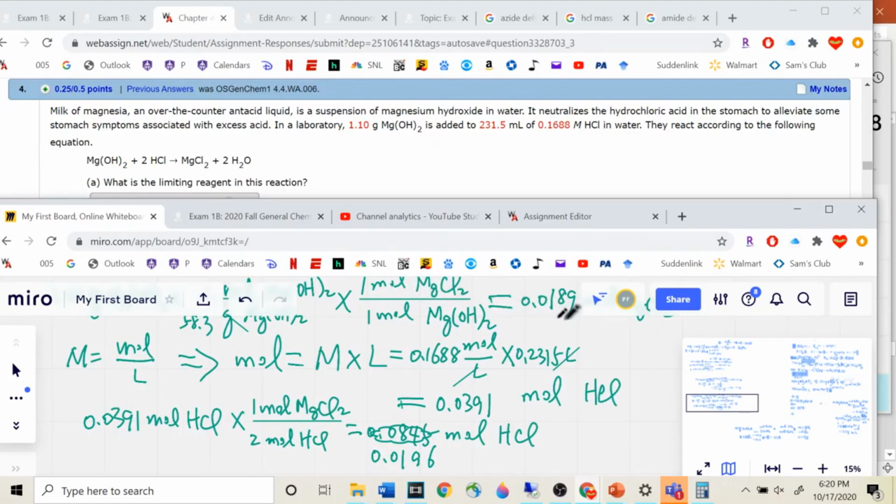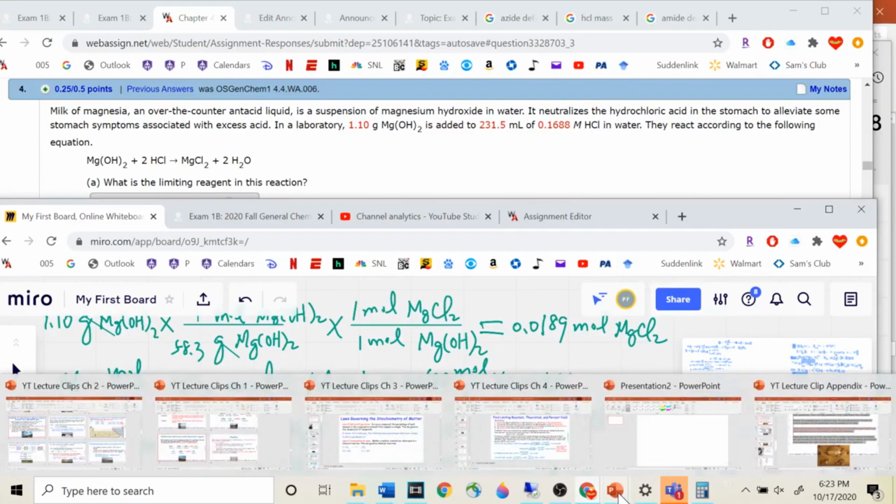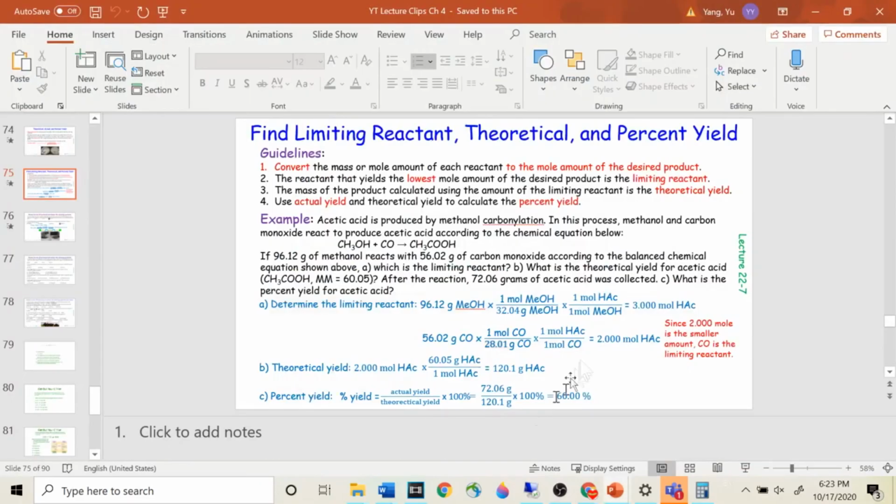Now we compare this mole amount with the mole amount produced by the first reactant. Which one is smaller? The one produced by the first reactant. So this one is smaller. Therefore, the reactant that yields this smaller amount should be the limiting reactant. So Mg(OH)2 is the limiting reactant. If you forget those guidelines, you have to go back to lecture 22, slide number 7.